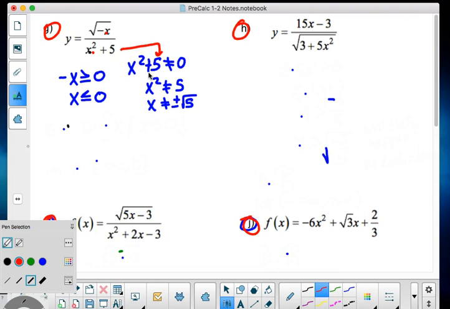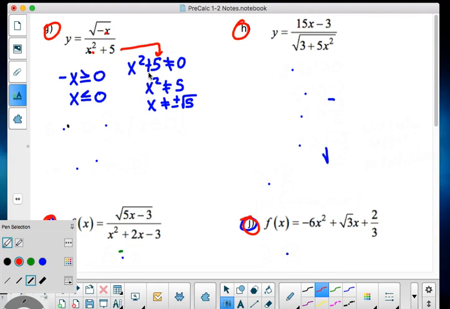But when I solve this for x, I find out that x can't be plus or minus square root of 5. Now if I plug that back in, will there ever be a 0? Even if I put in negative square root of 5, I square that, that's 5 plus 5, which is 10. So the denominator is not ever going to be 0. That's never going to enter into our problem as a restriction.